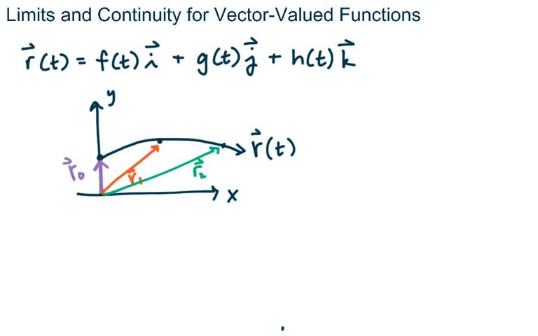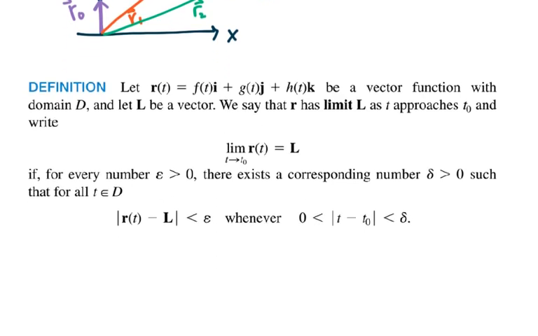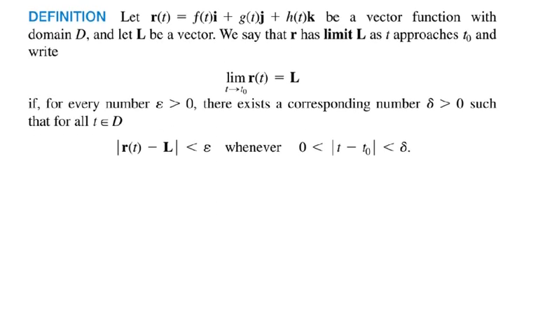And the definition for limits within vector valued functions is actually really similar to the way we define limits for real valued functions, real number valued functions. So there we have our vector valued function.